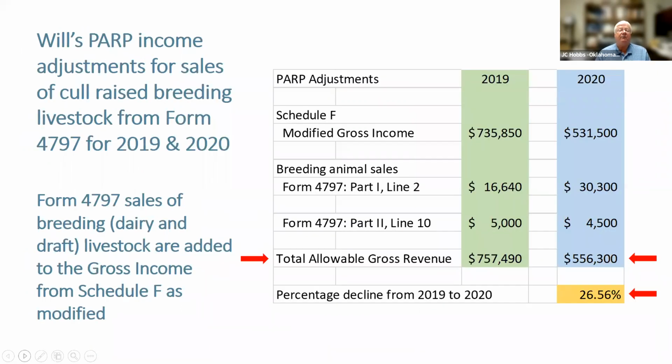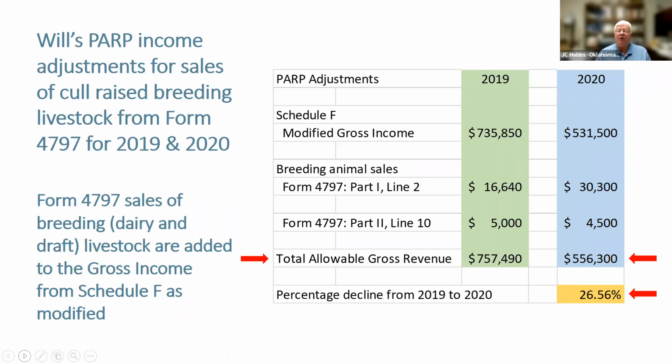Now here come the adjustments as they would come from the 4797. You'll notice that I've got Schedule F numbers first, modified gross income from there, 2019, 735,850, 2020, 531,500. Then our breeding animal sales, we're going to include the total amount from line 2 for each 2019 and 2020, and then also line 10 for 2019 and 2020.